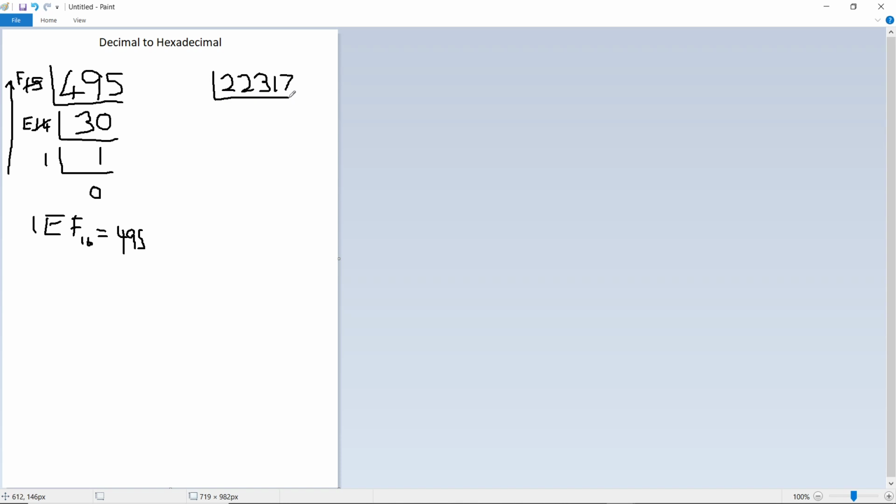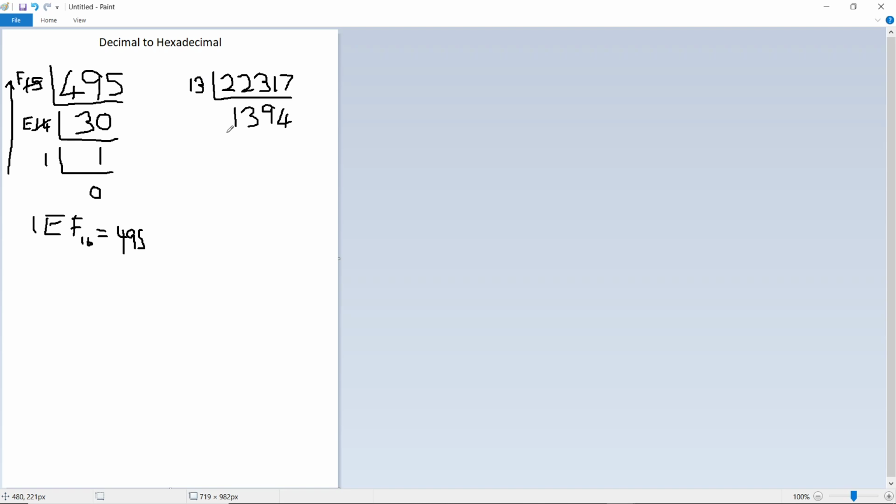So we pull out our calculator, and if we divide 22317 by 16, because remember we want to convert to hexadecimal, so 16 is the base, I'm going to get 1394. That's how many times it goes, and I've got a remainder of 13.